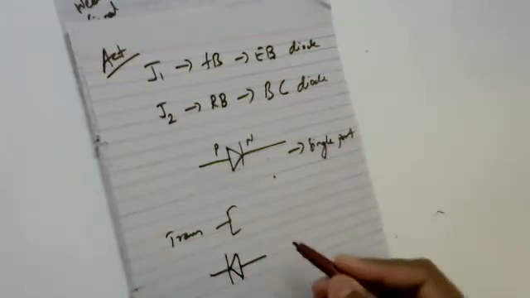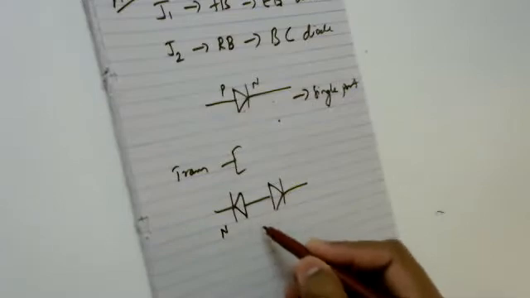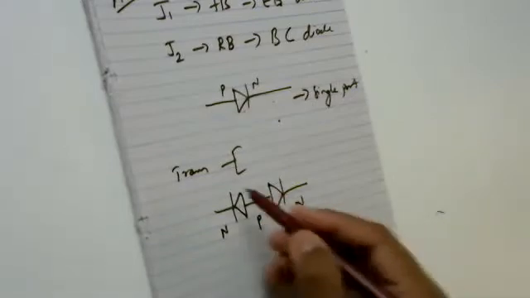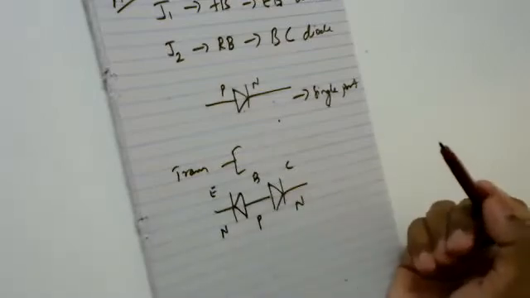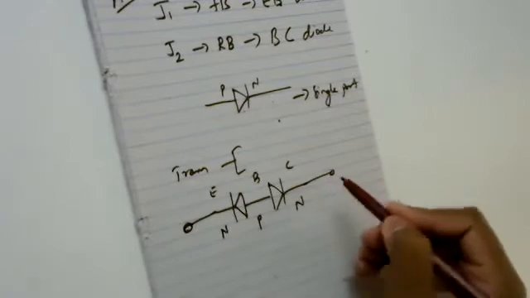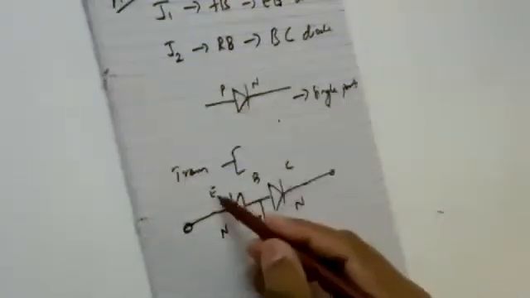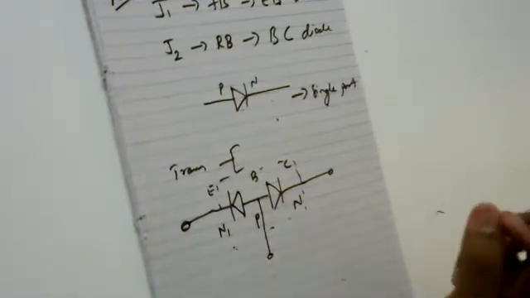So this is one diode, and the second diode is connected back to back. So this is your N, P, N: emitter, base, collector. These are the terminals which are accessible by you. This is the internal structure of the two-diode transistor.